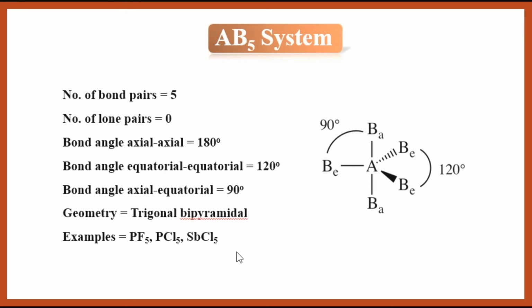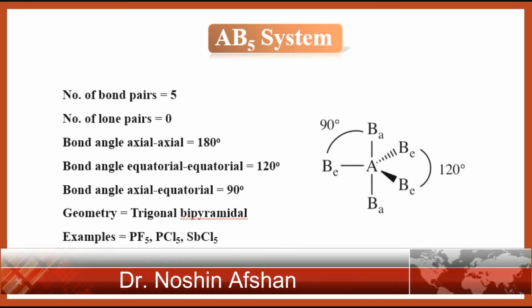And hence, the VSEPR theory predicts the trigonal bipyramidal geometry for all these molecules, because the maximum separation of the 5 bonding electron pairs around the central phosphorus atom is achieved when the 5 fluorine atoms lie at the corners and the phosphorus atom in the center of a trigonal bipyramidal geometry.